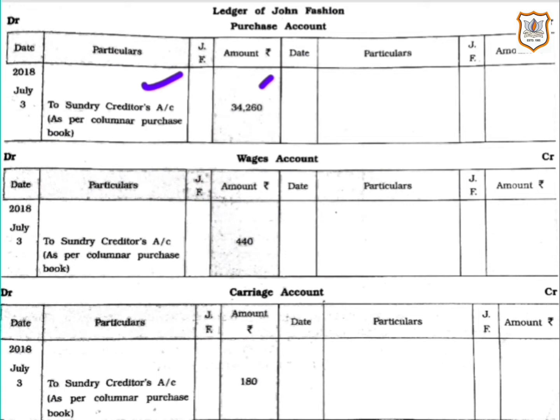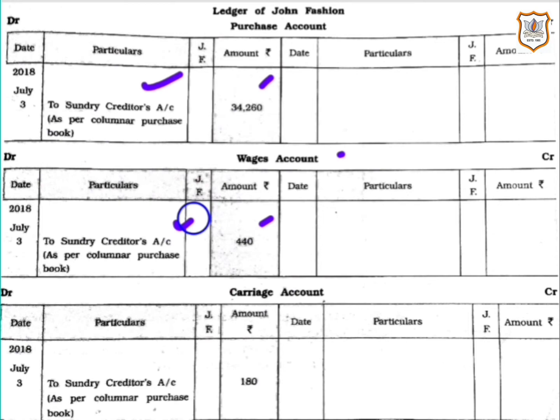Then in the wages account, since wages is an expense regarding purchases, and we know that an expense has a debit balance, we will record the total amount of wages, that is 440, on the debit side. In the particular column, we will write to sundry creditors account.